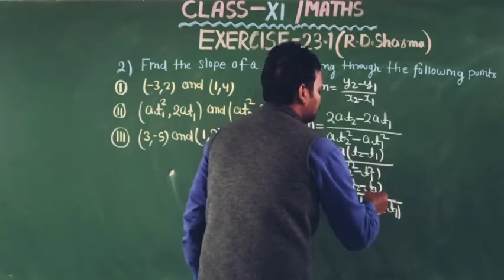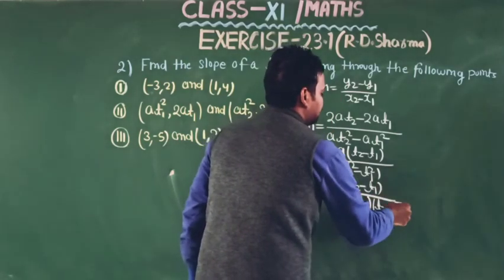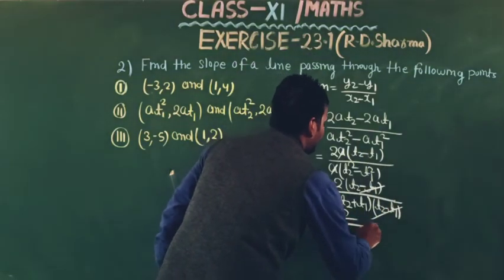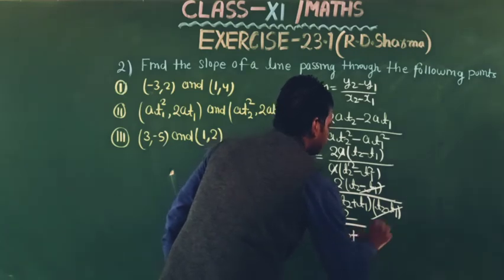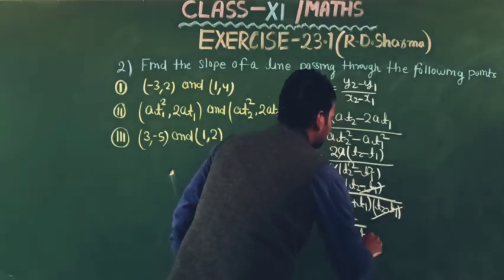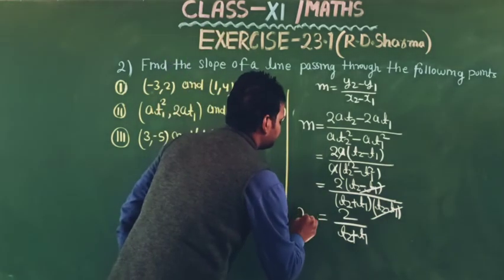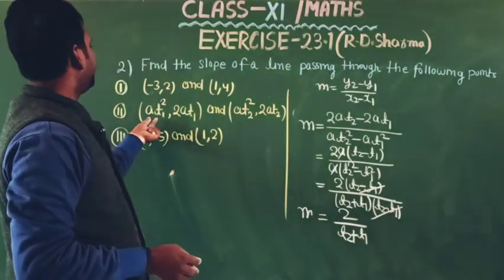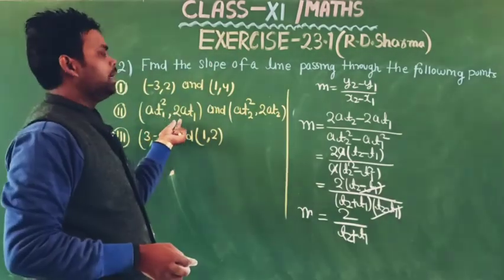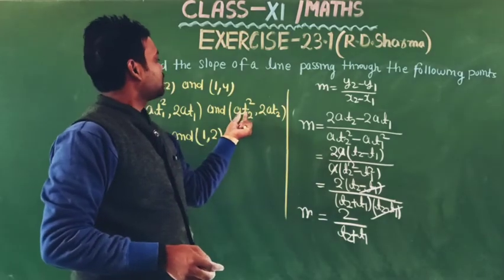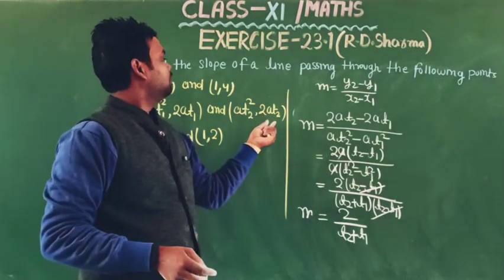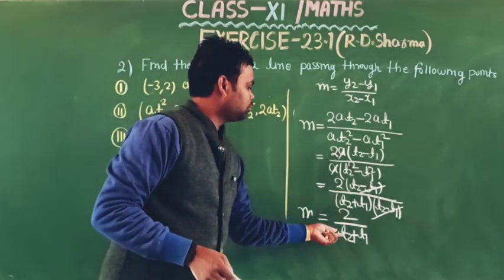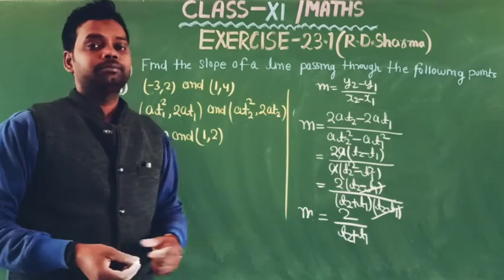Here we can cancel out t2 minus t1 from numerator and denominator. So therefore 2 upon t2 plus t1. The slope of a line passing through (at1², 2at1) and (at2², 2at2) would be equal to 2 upon t2 plus t1.